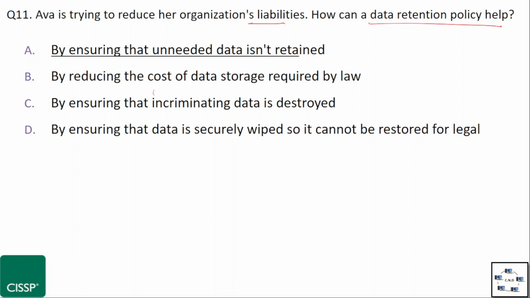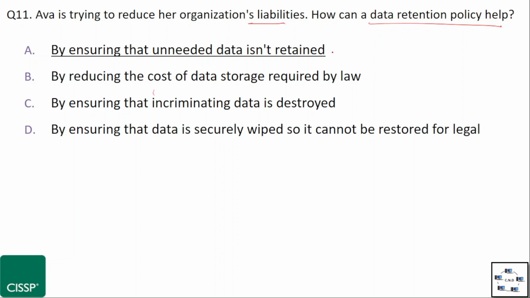And the correct option is that Eva can reduce her organization's liabilities by ensuring that unneeded data is not retained and deleted. And how will this ensure that liabilities are reduced?